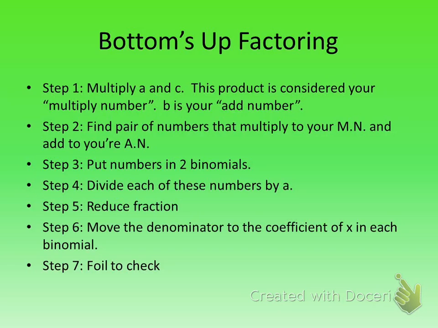Step 3, you put them in binomials, just like we did last time. So at step 3, you're going to have x plus a number, x minus a number, whatever the case may be. And that's exactly the same steps as last time. And from there, I always said just FOIL it and check, right? The crowd says yes.